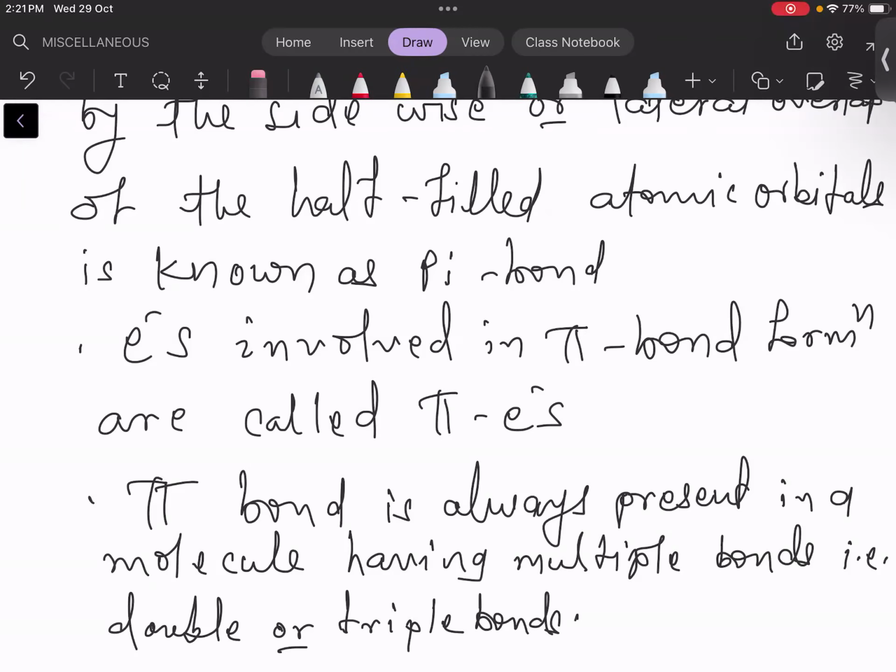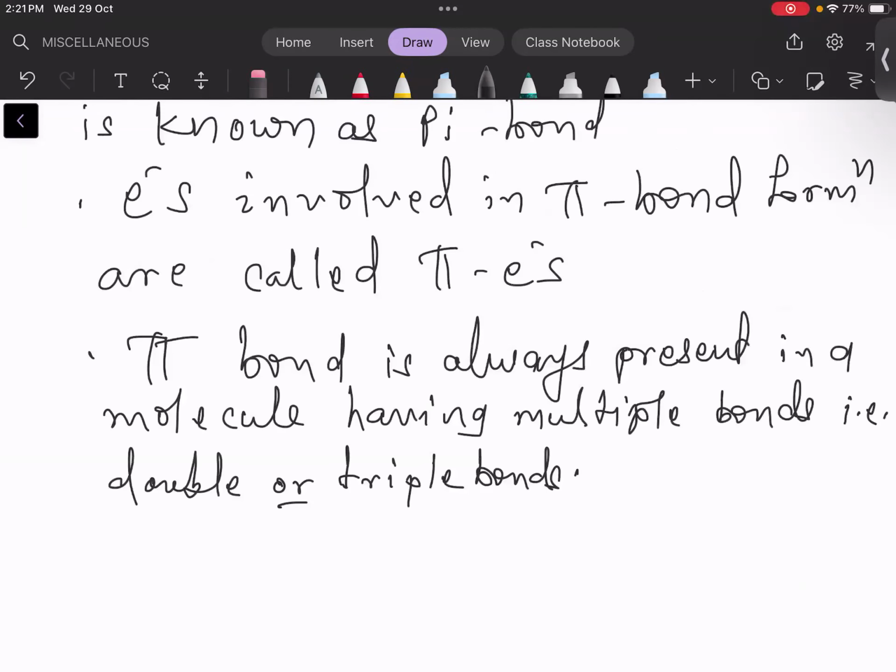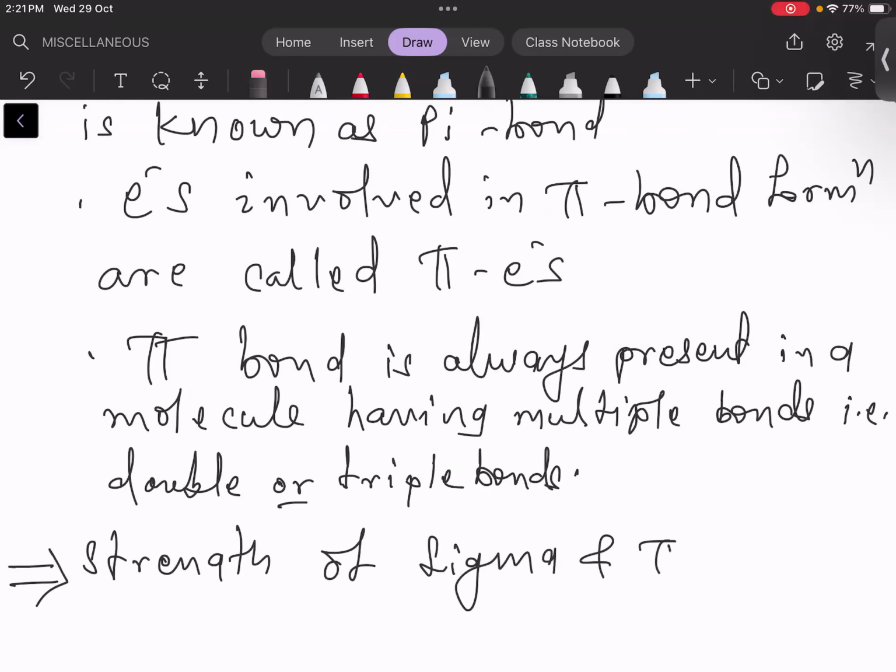Then next, strength of sigma and pi bond. Generally, a sigma bond is stronger than a pi bond.